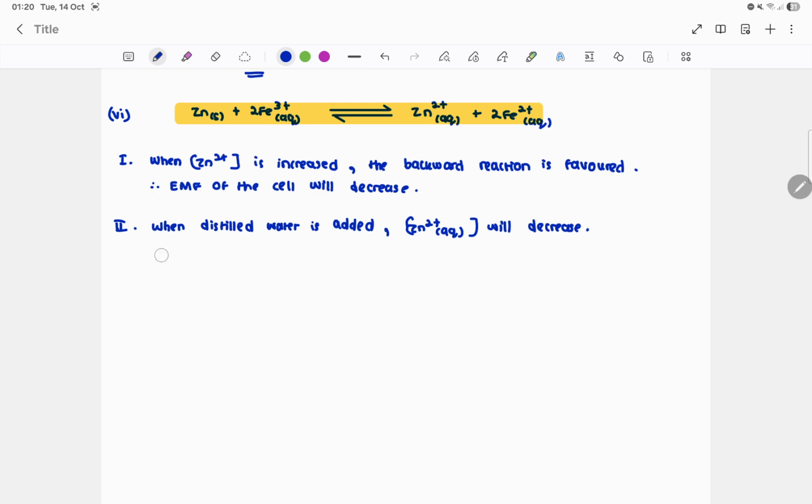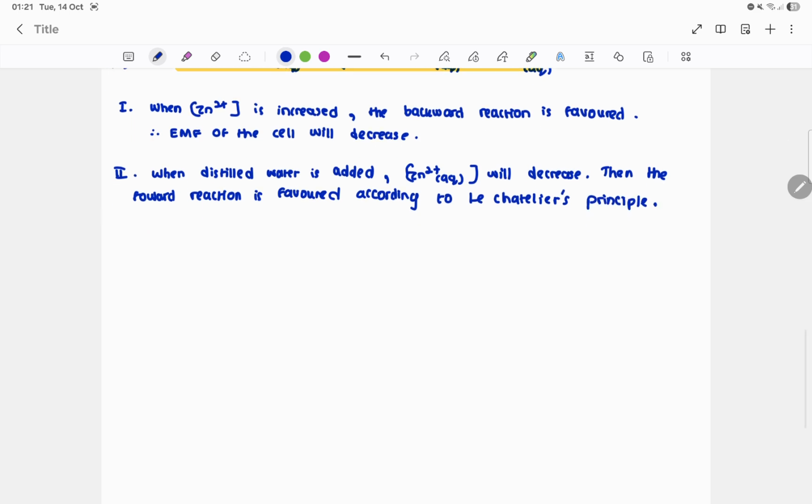Therefore the forward reaction is favored according to which principle? According to Le Chatelier's principle. Therefore the EMF of the cell will increase because the forward reaction is favored.